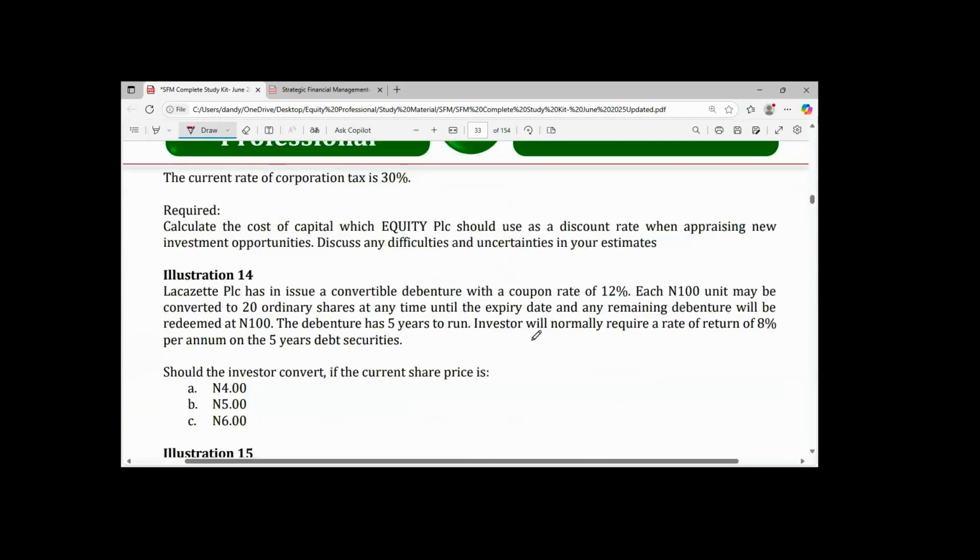The current rate of corporation tax is 30%. Required: calculate the cost of capital which Equity PLC should use as a discount rate when appraising new investment opportunities. Discuss any difficulties and uncertainties in your estimate.